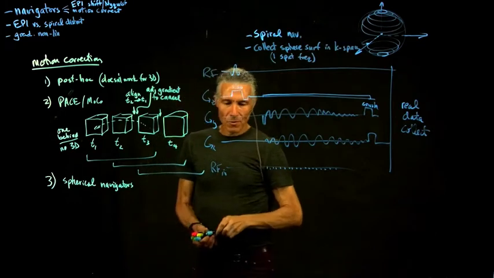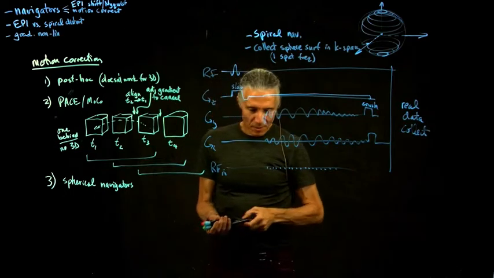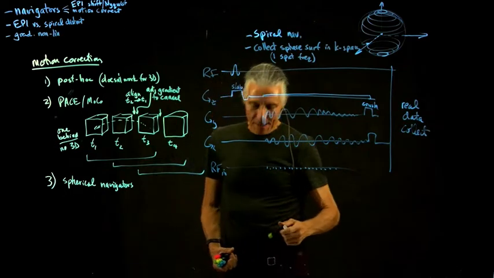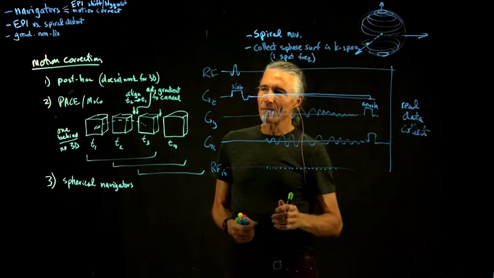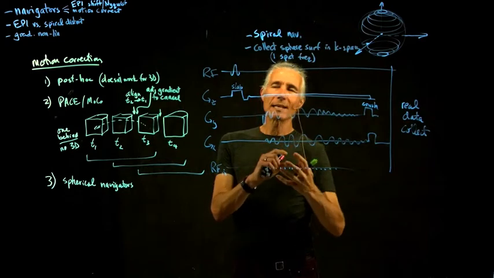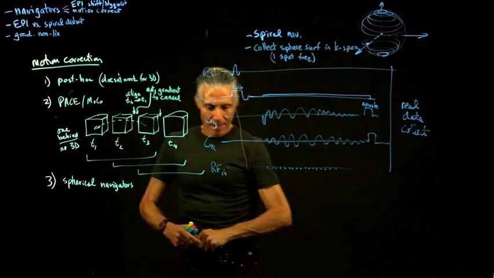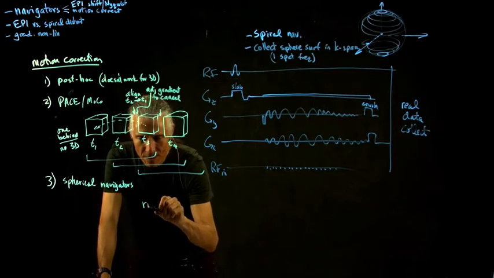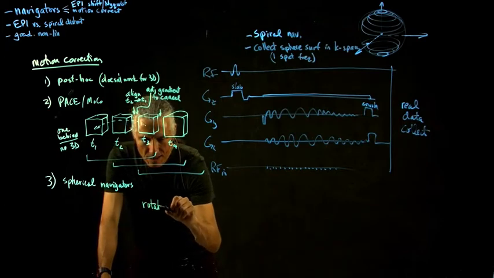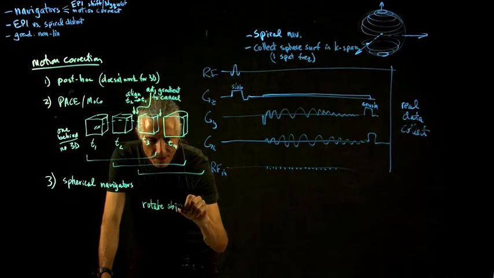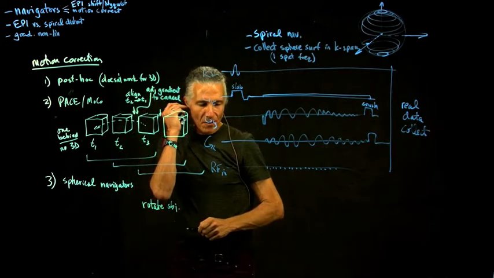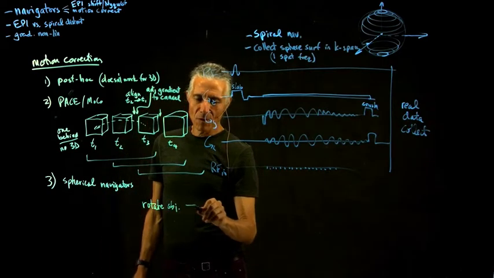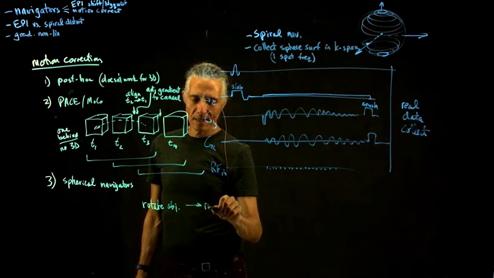So how does this work? This works by taking advantage of the following. If you rotate an object, it turns out that rotates K-space data.